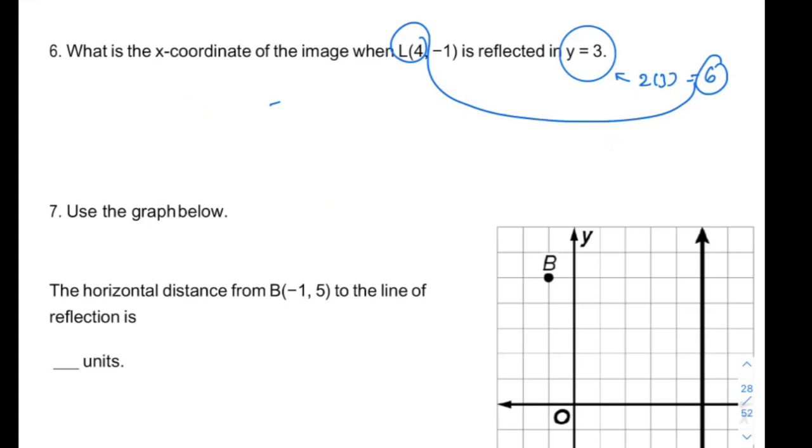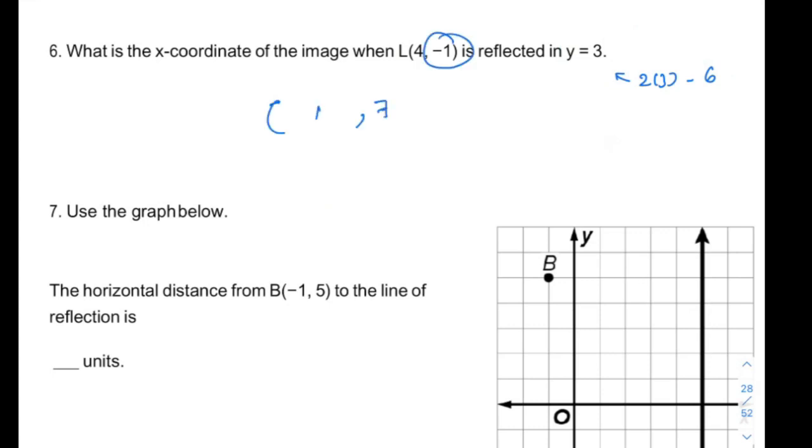Y will be changed, not x. So 2 times 3 is 6, 6 minus -1 is 7. So he is asking about the x-coordinate, which will stay the same. No need even to do these calculations. X will not be affected. I'm just finding it for practice.